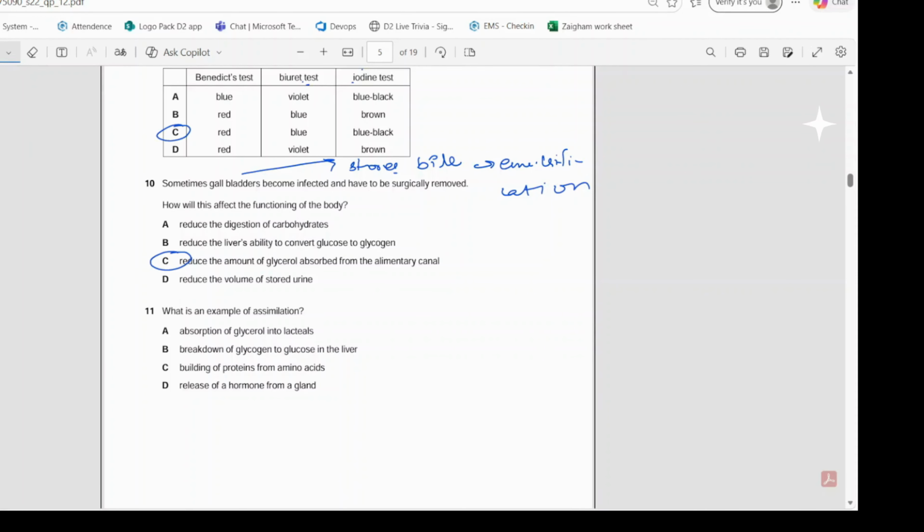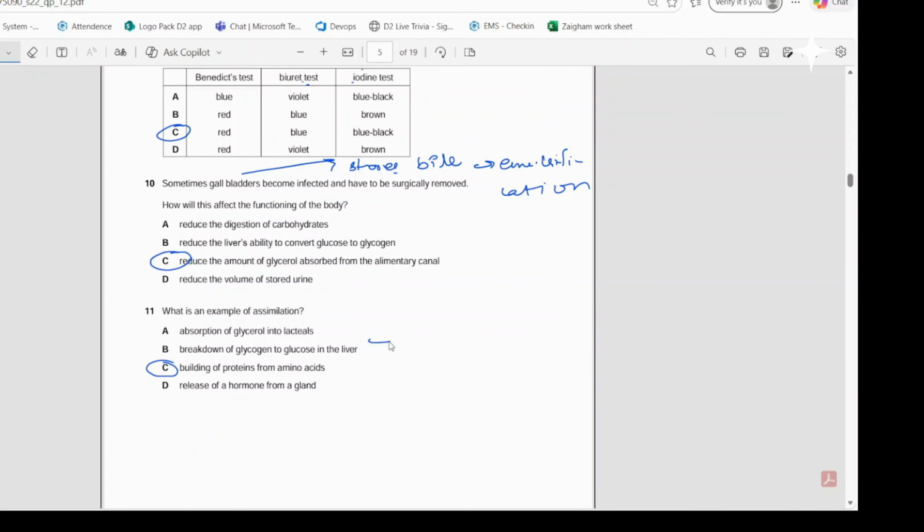What is an example of assimilation? Wait, there are five processes: ingestion, digestion, absorption, assimilation, egestion. Now tell me. Building of protein from amino acids.